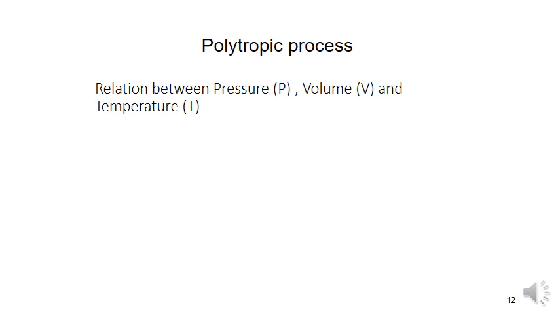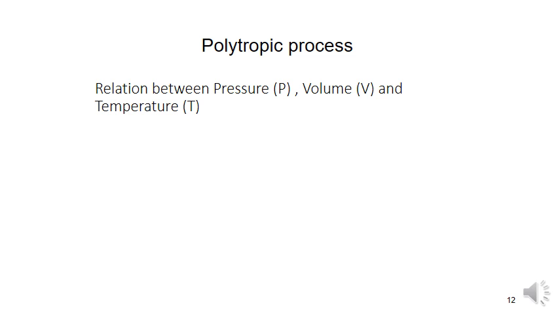In the adiabatic process, there is a relation between pressure, volume and temperature. Similarly, the polytropic process also has a relation between P, V and T. Whatever the relations in the adiabatic process, we simply replace gamma with n.